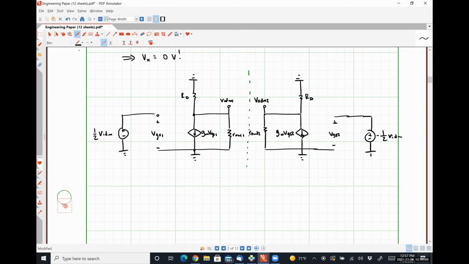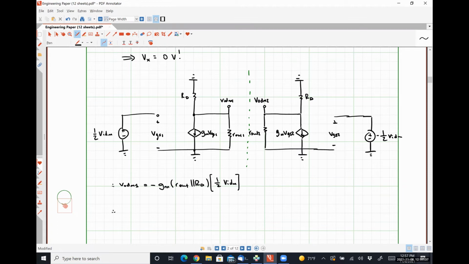So for that, we should be able to say that VODM1 is simply the gain of a common source amplifier, which in this case would be negative GM multiplied by R out in parallel with RD multiplied by our input signal 1/2 VIDM.